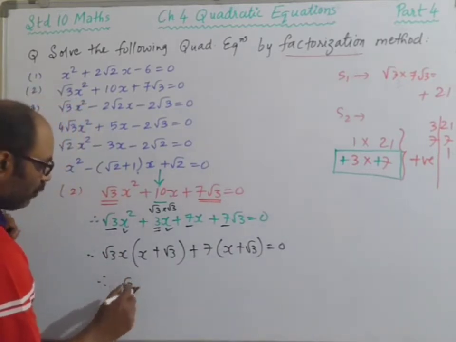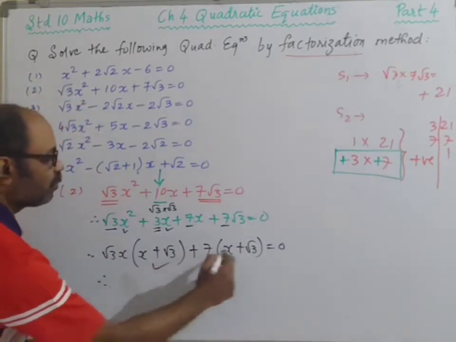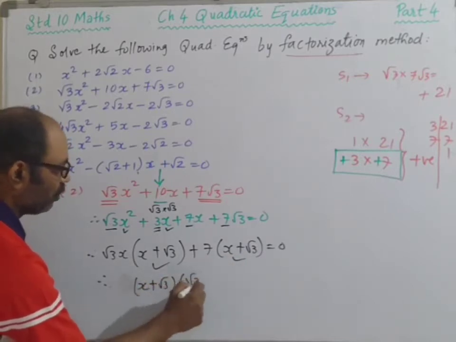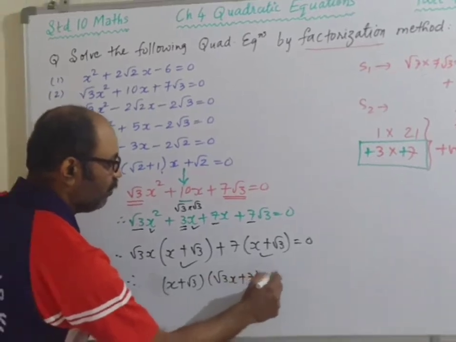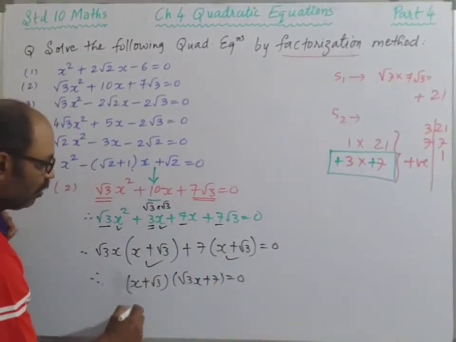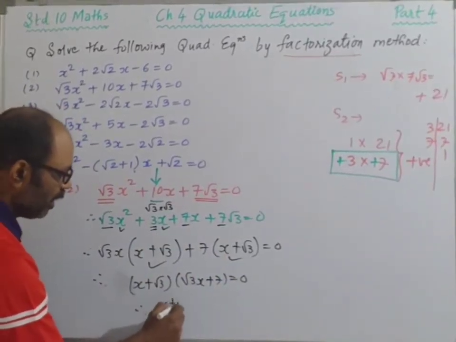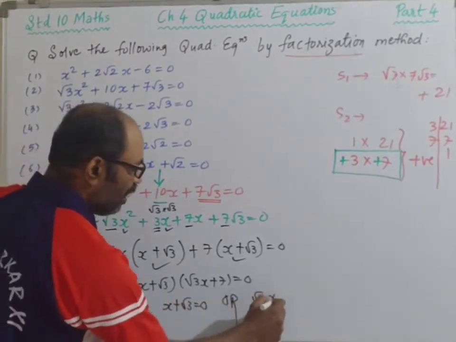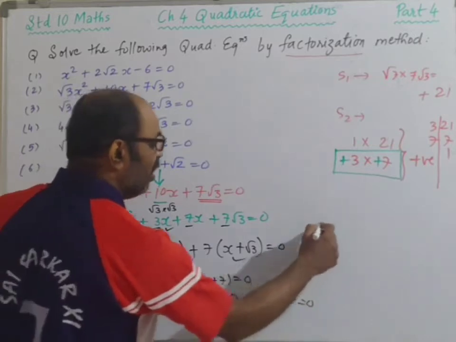Therefore, x plus root 3 is common. X plus root 3 into root 3x plus 7 is equal to 0. Therefore, x plus root 3 equal to 0 or root 3x plus 7 equal to 0.